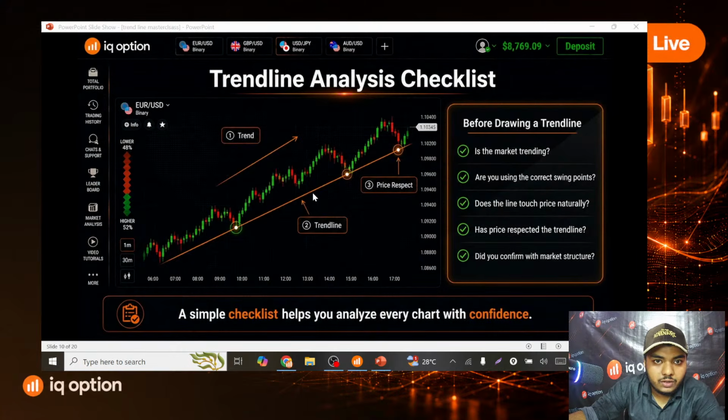We are 50% advanced right now because we are using trend lines. Trend line means we are trading in the trend. If a trader always trades in the direction of the trend, their accuracy will boost 10 times. So guys, finally, if the trend line breaks, don't just jump to a conclusion. Always confirm your analysis with the market structure.